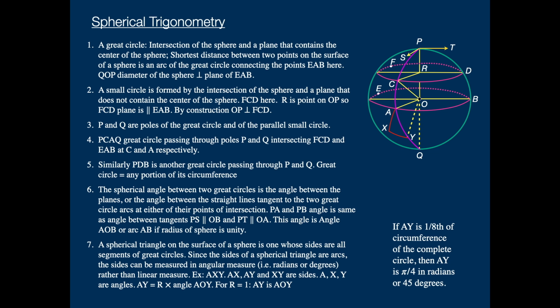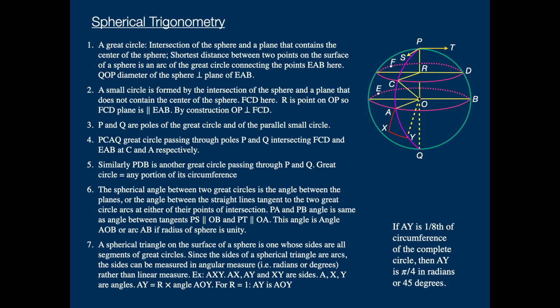Then Q and P are basically the poles of the great circle AB. P and Q are poles of the great circle, and then if we make a small circle which is parallel to AB, a small circle CD, then P and Q are also poles of the smaller circle.